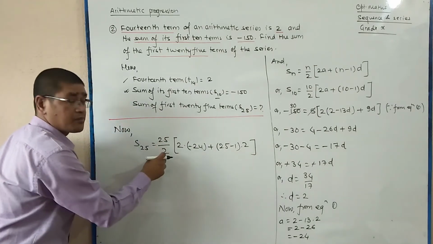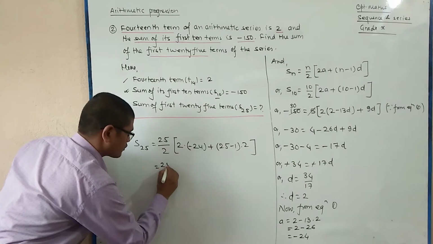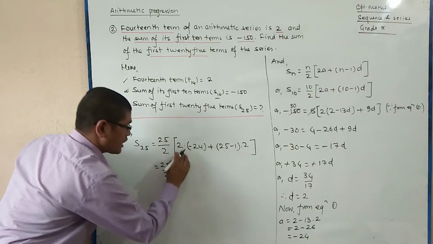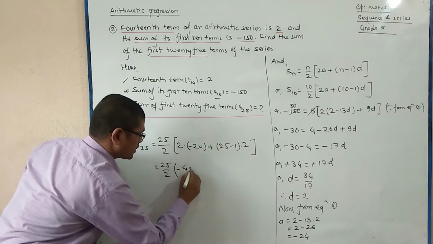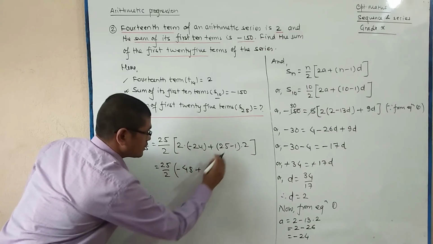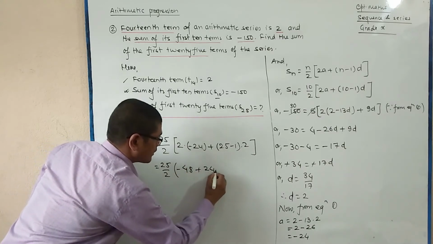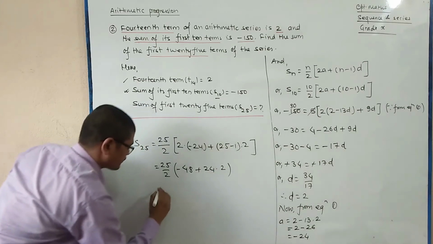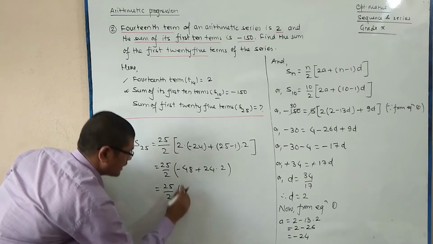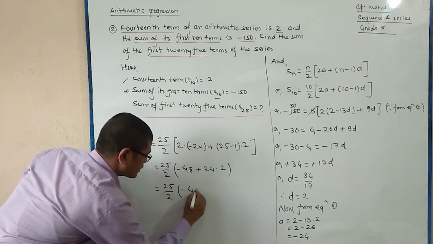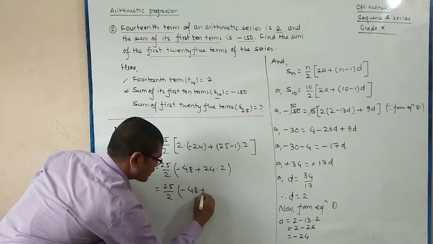25 by 2, it's a common decimal, so we won't divide here. 25 by 2 times (minus 48 plus 24 times 2). After that, this is minus 48, this one is plus 48.